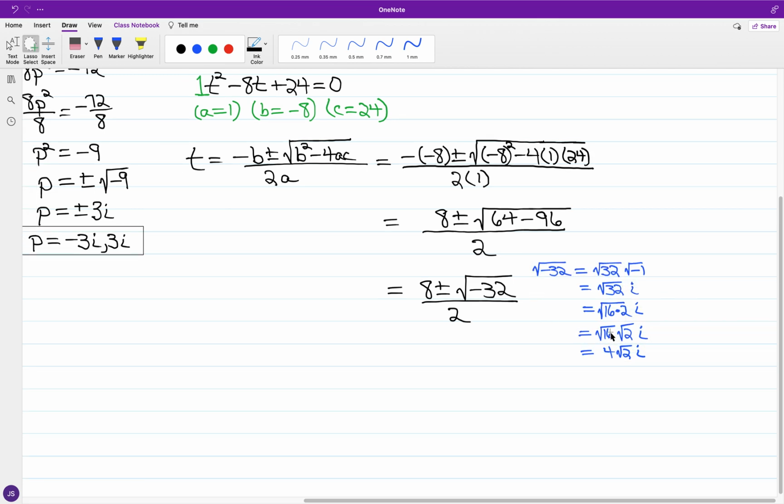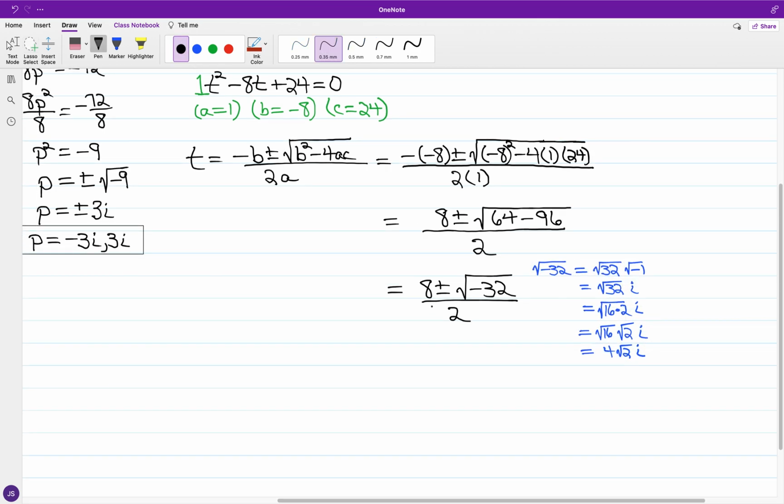Okay, and so rewriting in this ratio, we now have 8 plus or minus, and for the square root of negative 32, we're going to have 4 times the square root of 2i, all over 2.